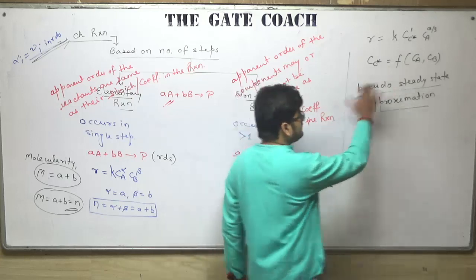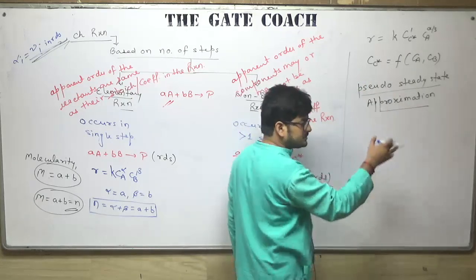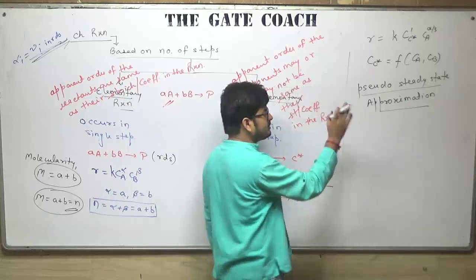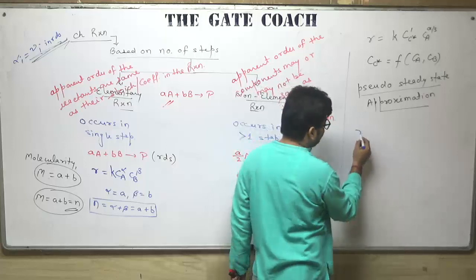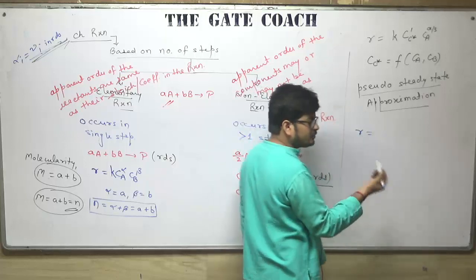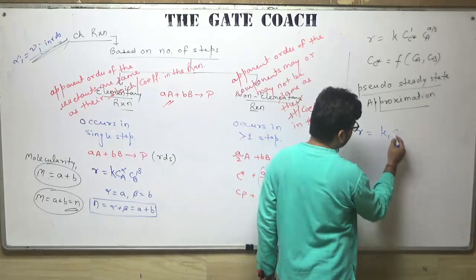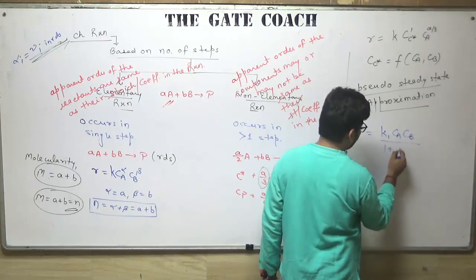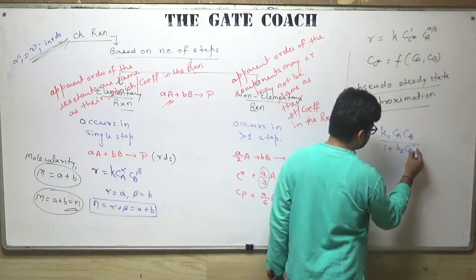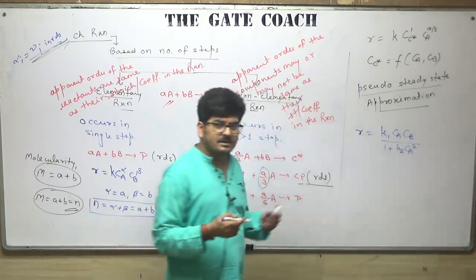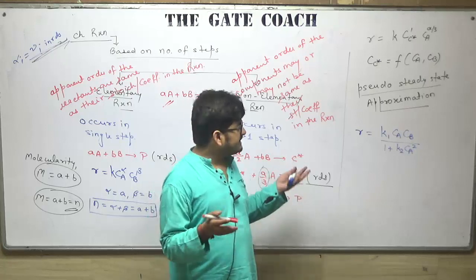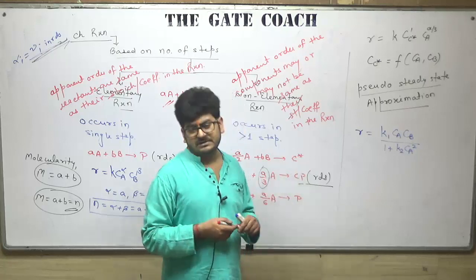And after solving this and doing something based on this or some other methods, if your rate of reaction is coming out to be like K1 Ca Cb over 1 plus K2 Ca square. For example, it is coming out to be like this: K1 Ca Cb over 1 plus K2 Ca square.